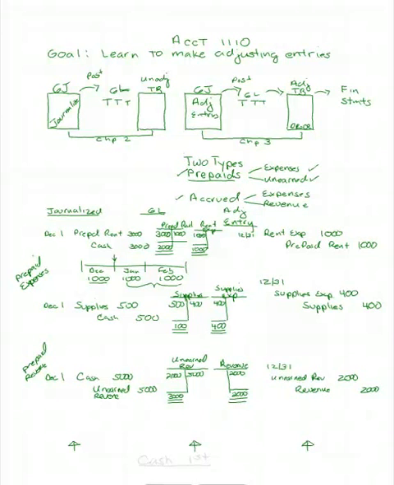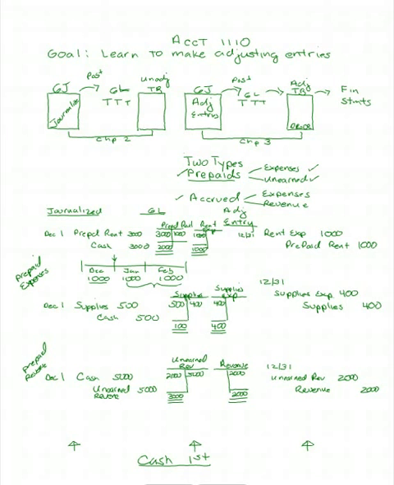Those two items were both prepaid items, and they showed you how I incorporated the idea of adjusting entries for prepaids. I have moved some of my prepaid expenses into the expense category, and I have moved some of my unearned revenue into the earned category. In both cases, cash happened first, as is always the case with the prepaid items.